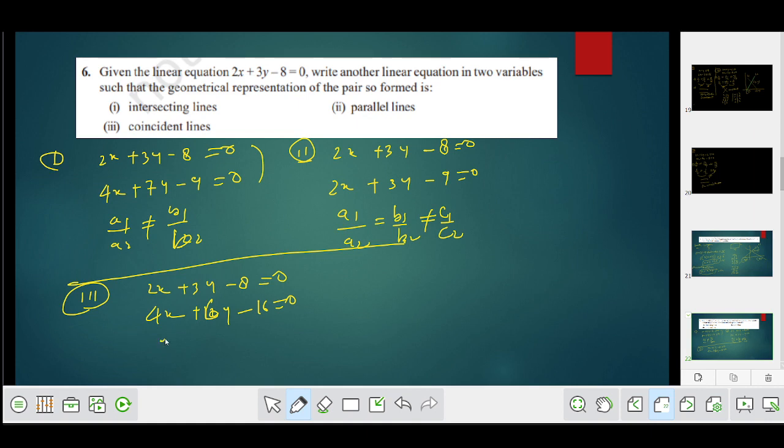This should be, because it is coincident, so all ratios will be same: a1 upon a2, b1 upon b2 and c1 upon c2. Clear?